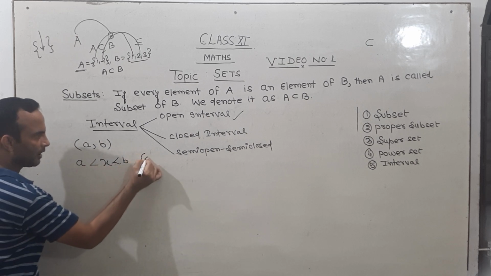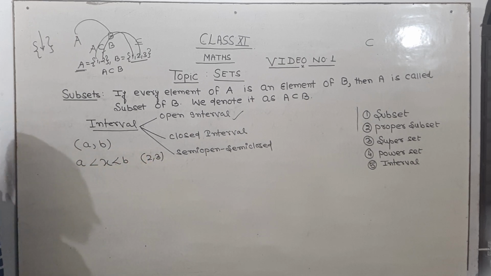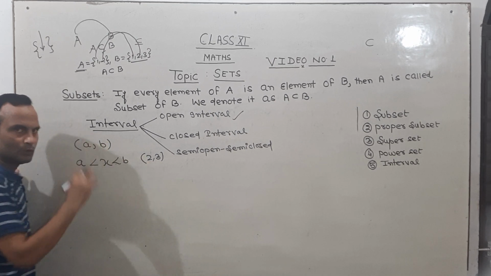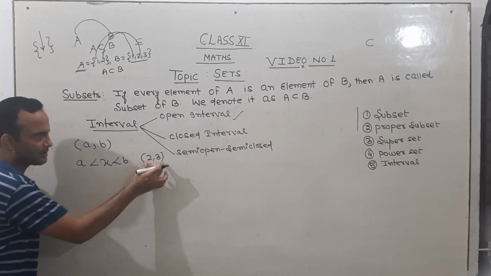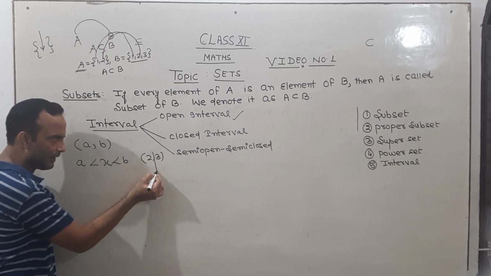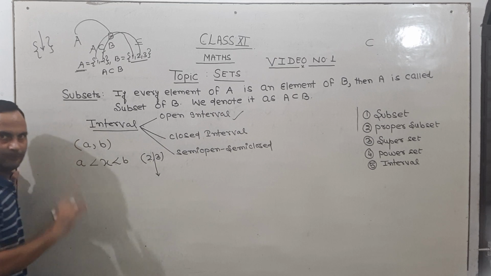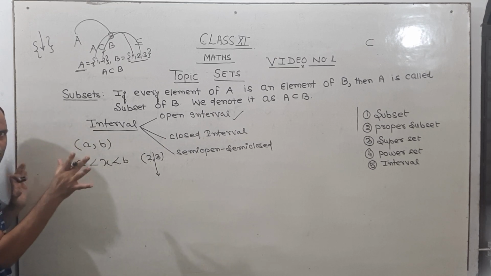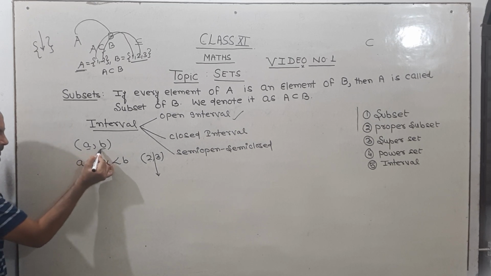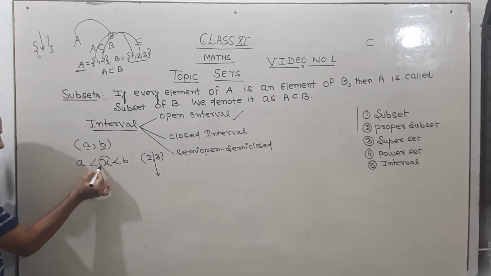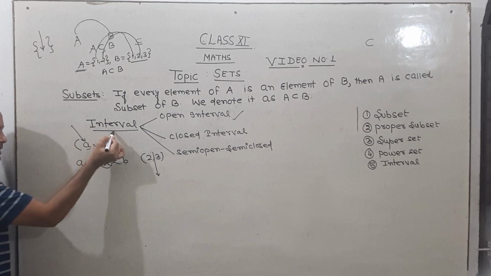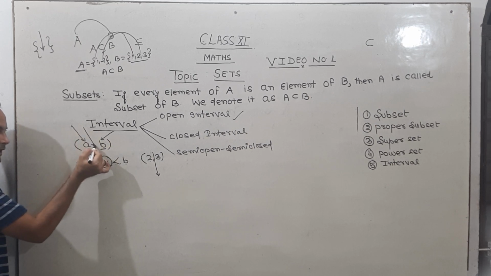For example, if the open interval (2, 3) is given, if you solved a problem and the answer is shown as the open interval (2, 3), it means the solution lies in between 2 and 3. So the meaning of (a, b) is that the answer lies in between a and b. The answer is not a, the answer is not b, the answer lies in between a and b.